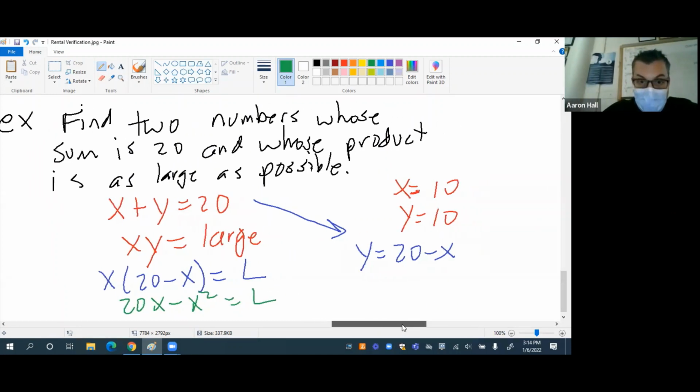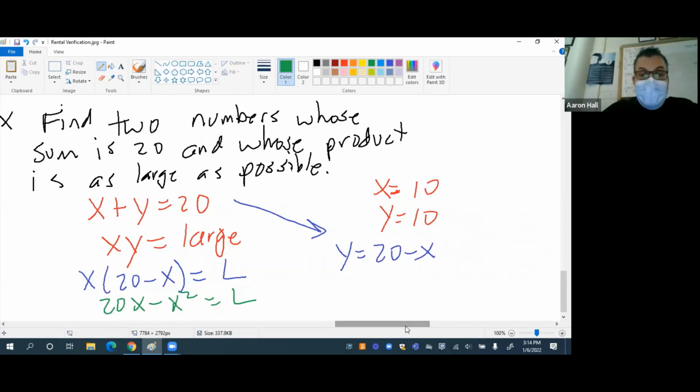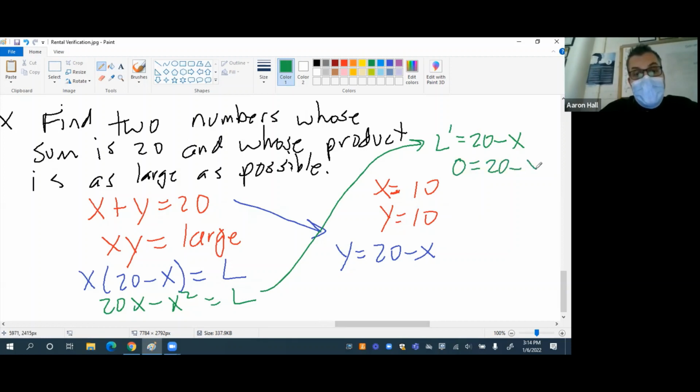Now what? Now we do the derivative, and the derivative of this would be what? 20 minus x, okay. And then? Okay, make this 0, so 0 equals 20 minus x.